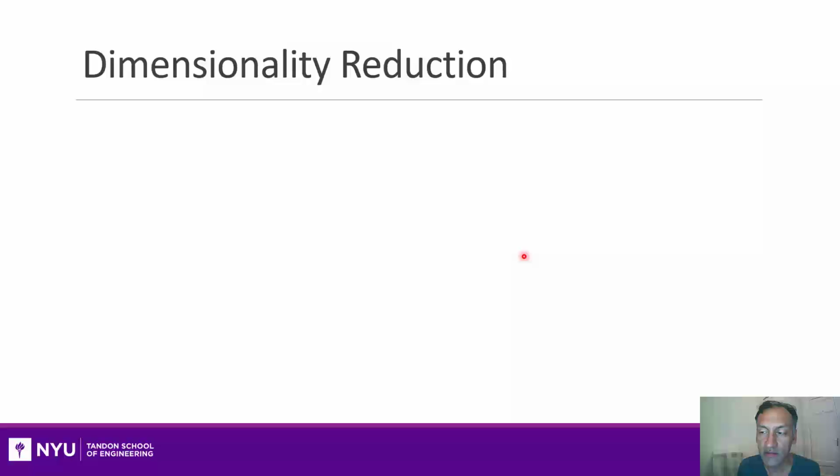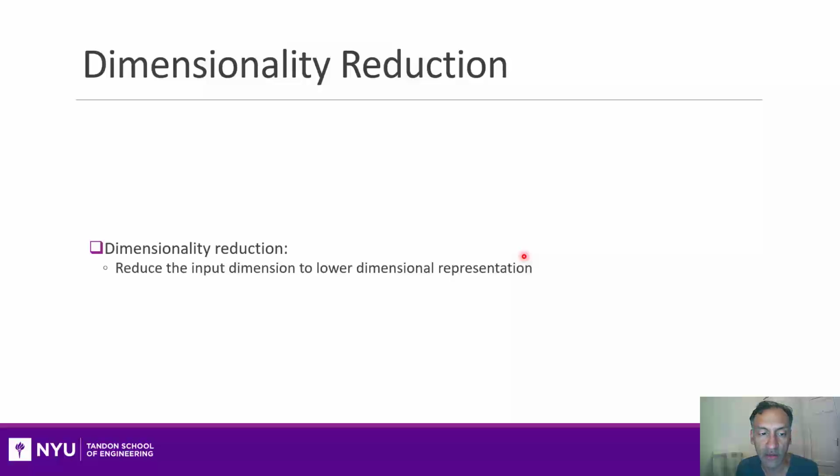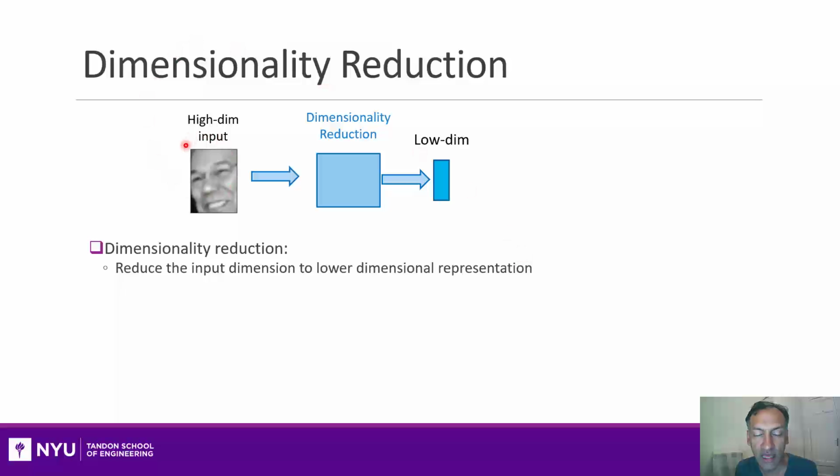This is where dimensionality reduction comes in. The key idea is to try to reduce that input space dimension to some lower dimensional representation. In the case of the face recognition problem, I have some higher dimensional input, and I want to find some lower dimensional representation of that face.